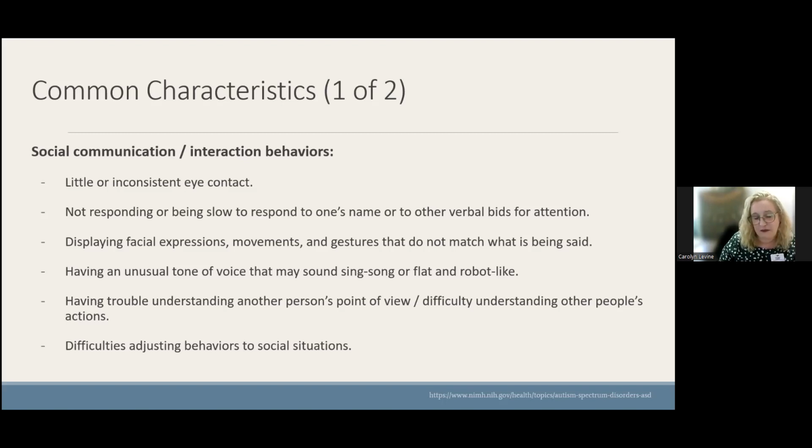Someone on the spectrum may not necessarily think that, or someone may ask them how was your weekend, and they'll say, great, and then that's it. They won't automatically ask the other person, how was your weekend? Which is how most of us would respond, that back and forth. That can come off as very rude and unsettling to some people, even though that particular person isn't necessarily trying to be rude or dismissive. They just don't always think that way. They're like, okay, you asked me a question, I answered it, now we're moving on.